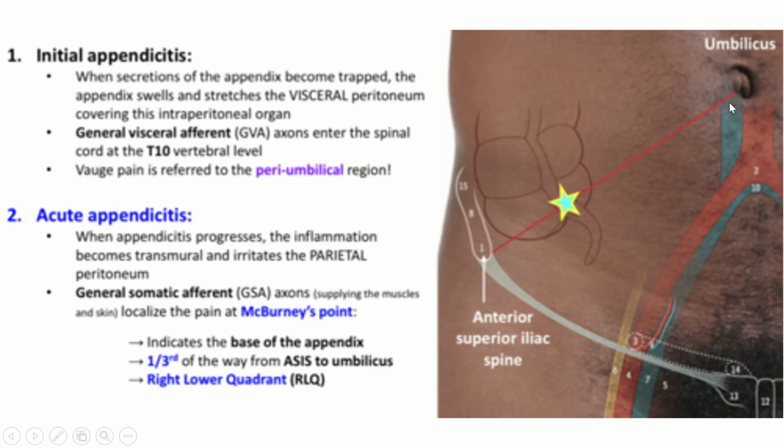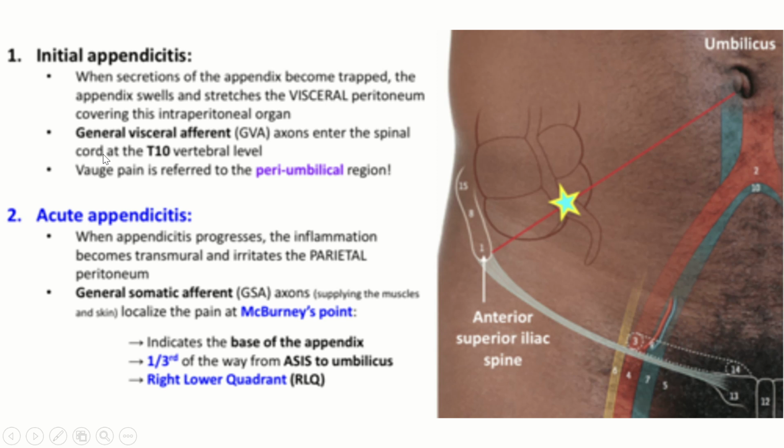Now, why will the patient have referred pain in the umbilicus? What happens in the initial stage of appendicitis? Because of inflammation, there is increased secretion from the goblet cells within the appendix lumen. Pooling of these secretions within the appendix leads to entrapment, and this causes swelling of the appendix, and it will stretch the visceral peritoneum.